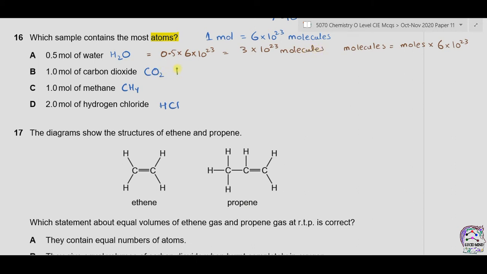For B, we have 1 mole of CO2, so the number of molecules will be 1 times 6 × 10^23, so 6 × 10^23 molecules of carbon dioxide. Similarly, for methane, we have 1 mole, so the number of molecules will be 6 × 10^23 molecules. For D, we have 2 moles, so 2 times 6 × 10^23.